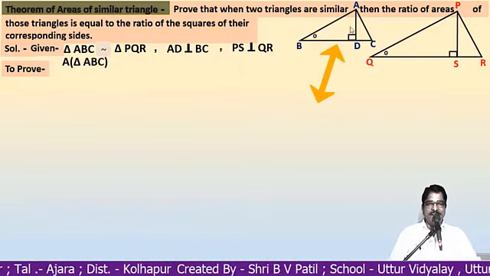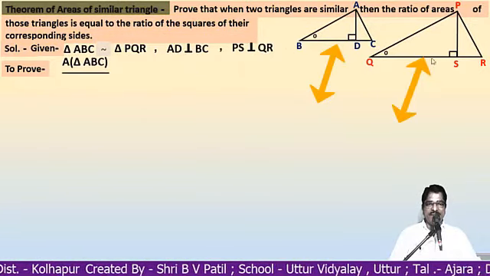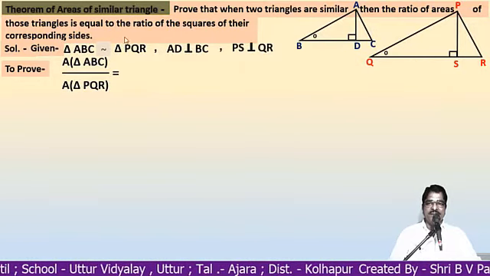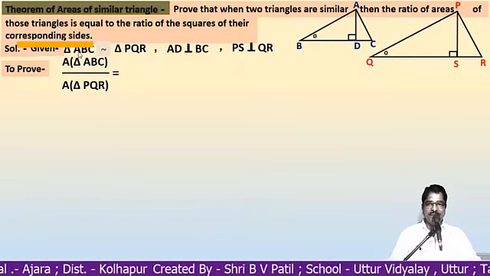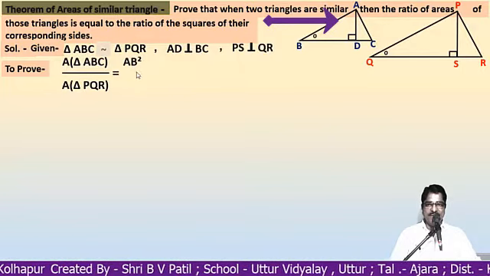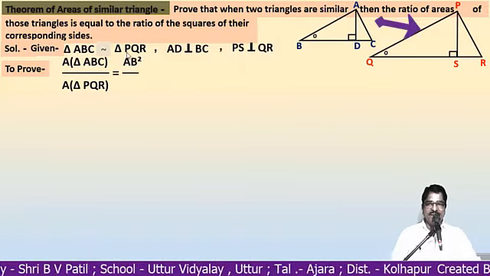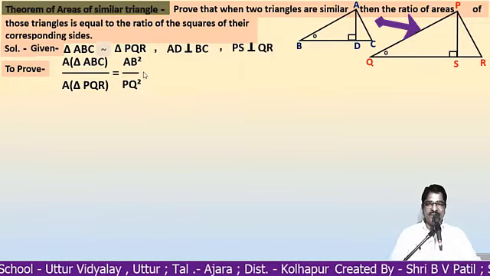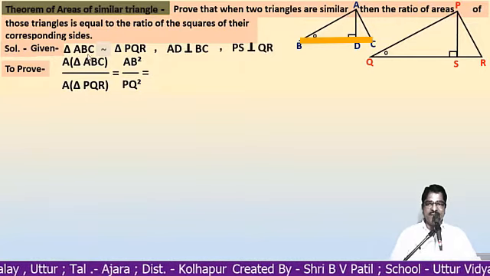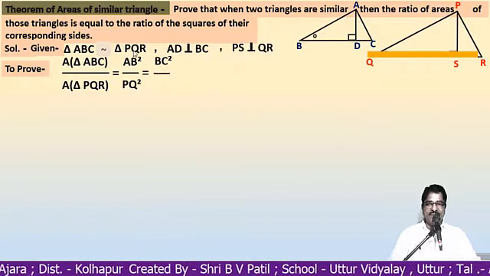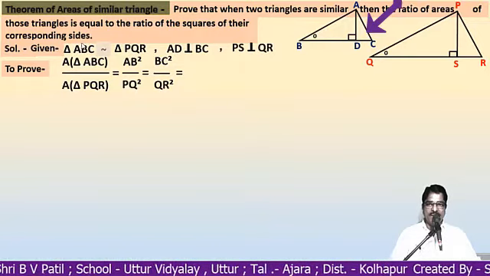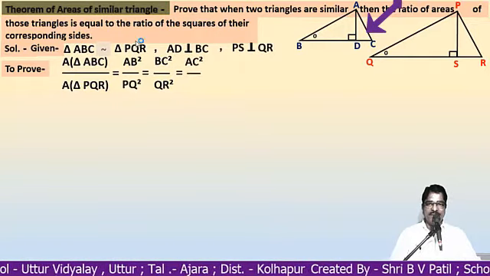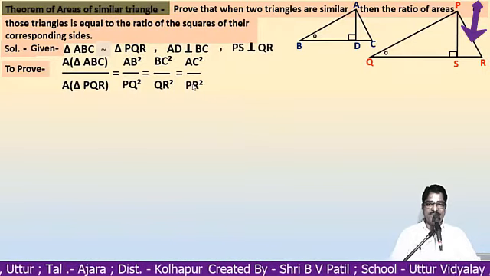Means area of triangle ABC divided by area of triangle PQR is equal to the ratio of squares of their corresponding sides, means here first and second point is AB, means AB square divided by, here first and second is PQ, that is PQ square, is equal to second and third is BC square divided by second and third is QR square, is equal to first and third is AC square divided by first and third is PR square.